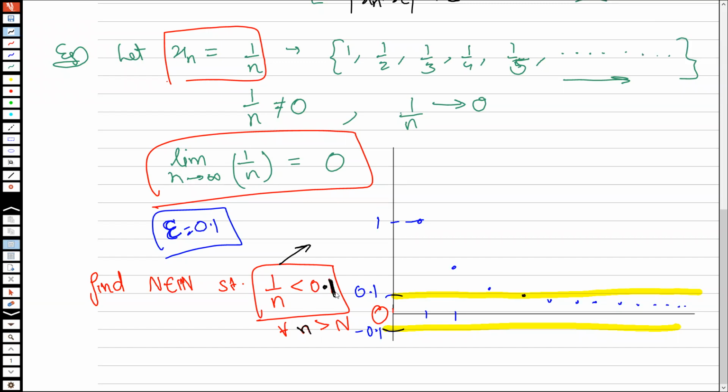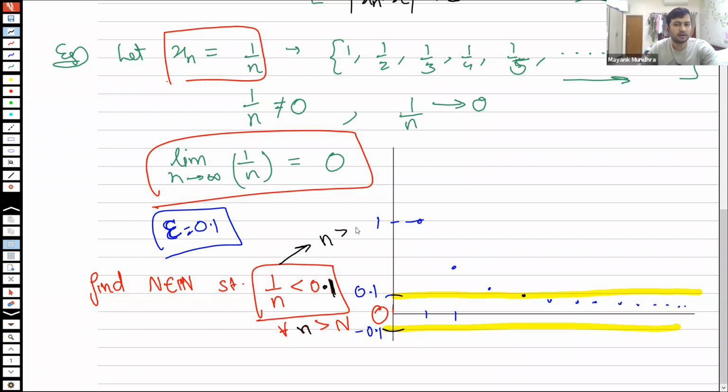Oh, sorry. 1 upon 11. 1 by 11, yeah, very good. This means that n should be greater than 1 by 0.1, right? When you rearrange this, it just becomes n greater than 10. So n greater than 10 is 11, right? So you can take 11 or you can take 1000. I don't care, as long as it is greater than 10, it will satisfy.